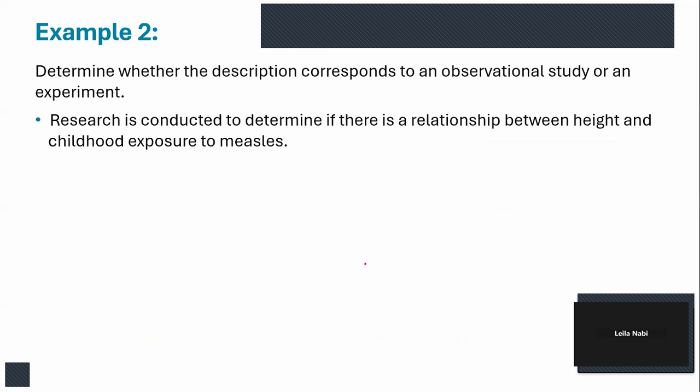Okay, they want to see the relationship between the heights and the childhood exposure to measles. So that means they need to collect data through measuring the heights and observing if they were exposed to measles. So they're collecting data through observation and measurement, which is an observational study.